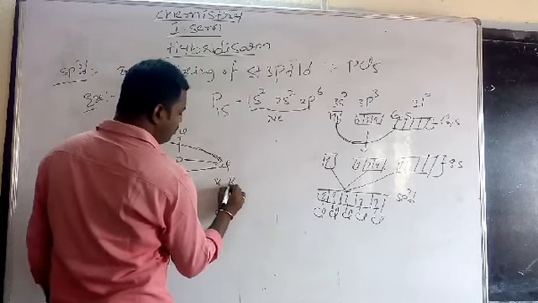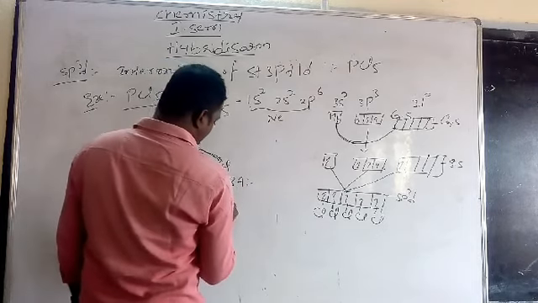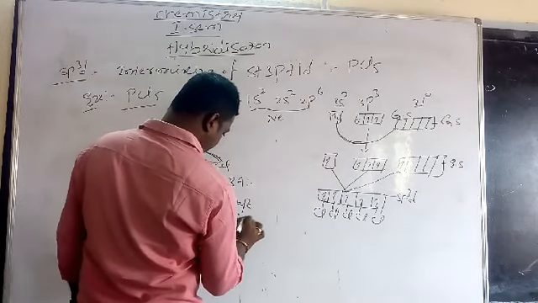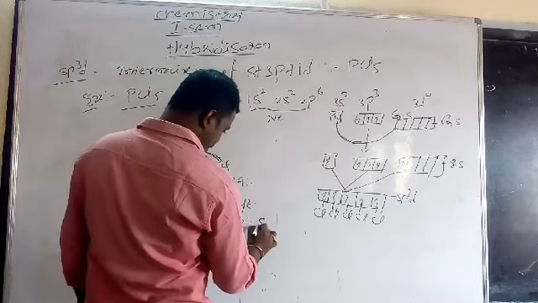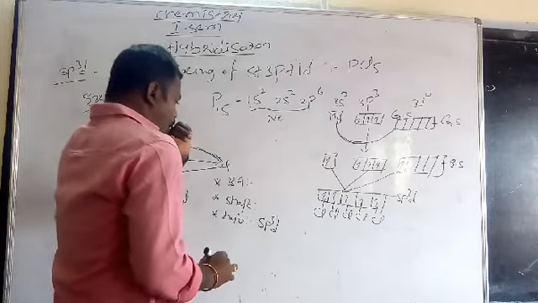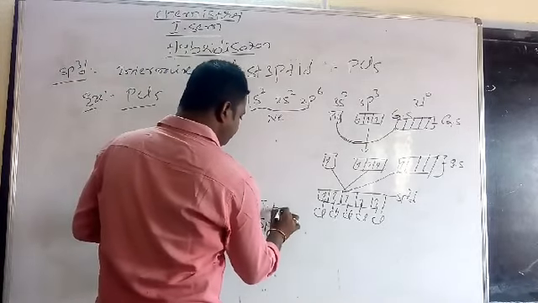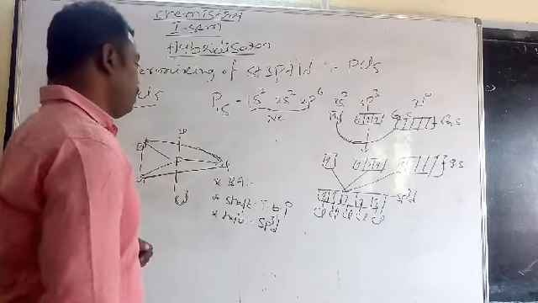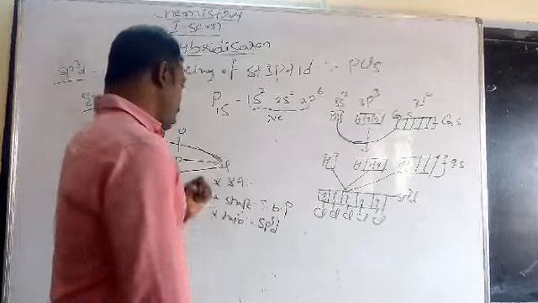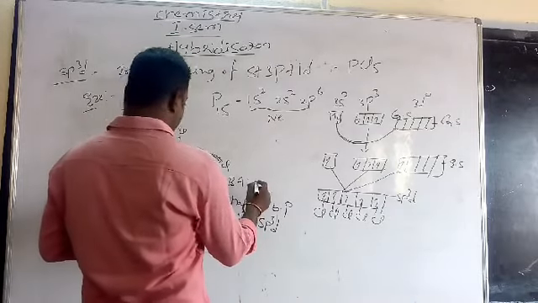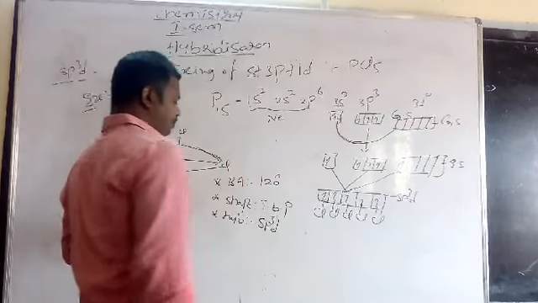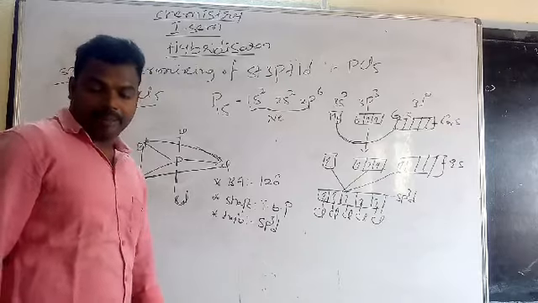The bond angle of the PCl5 molecule, shape and hybridization. Hybridization is sp3d hybridization. The shape of the molecule is trigonal bipyramidal. Bond angle of the PCl5 molecule is 120 degrees. This is sp3d hybridization.